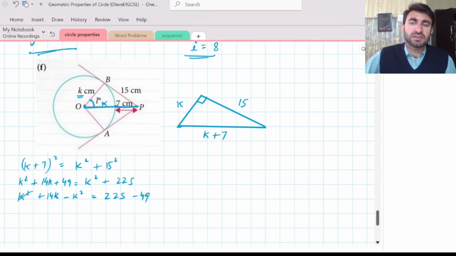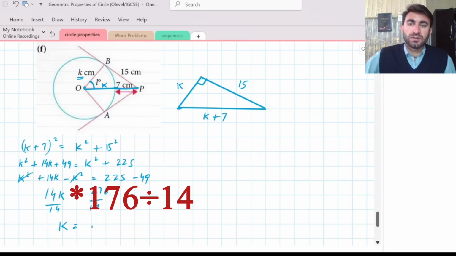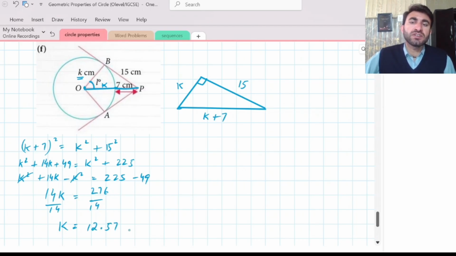So K square is cancelled out, and 14K is 225 minus 49, which is 176. So if I divide 14 on both sides, K is equal to 12.57. We figured that out with the help of a calculator, and that is in centimeters. So that was the value of K.